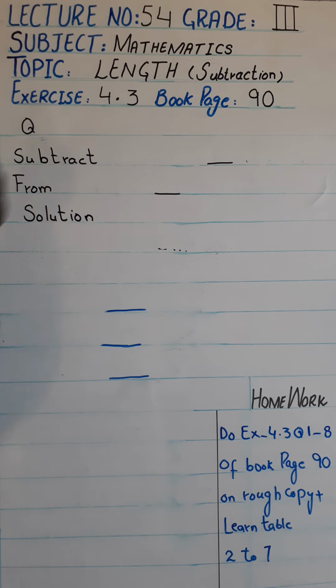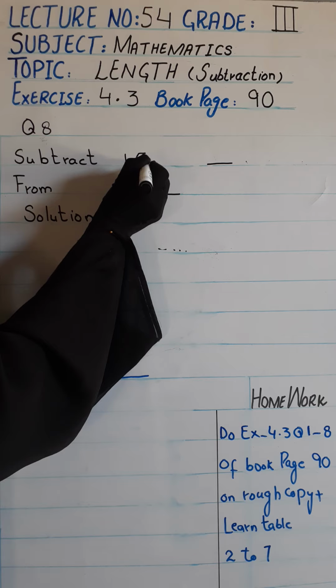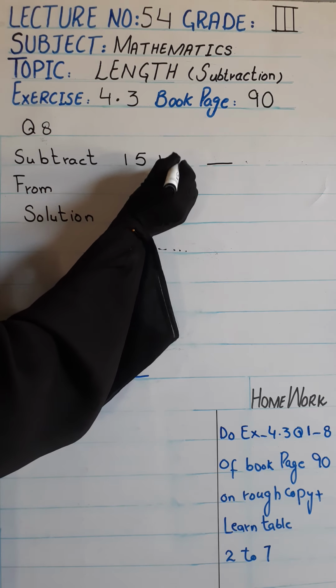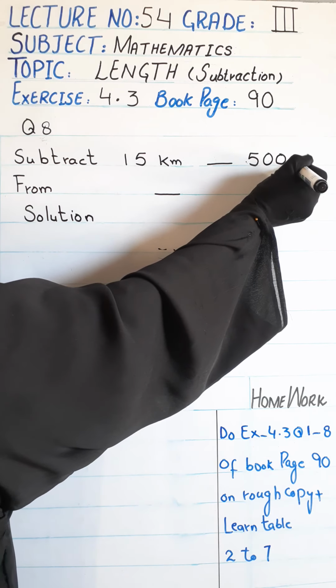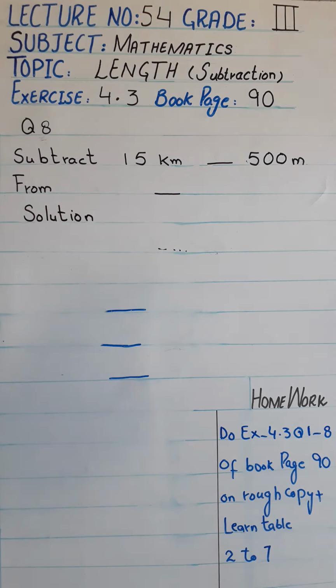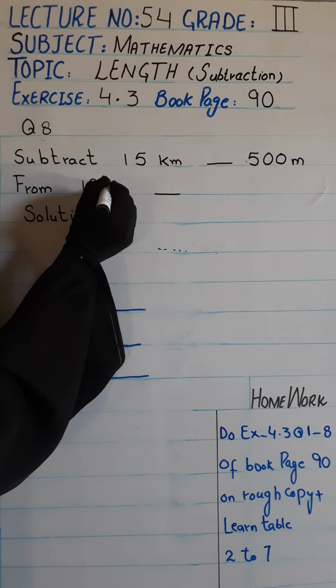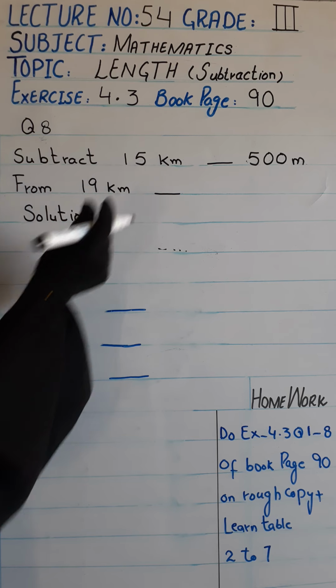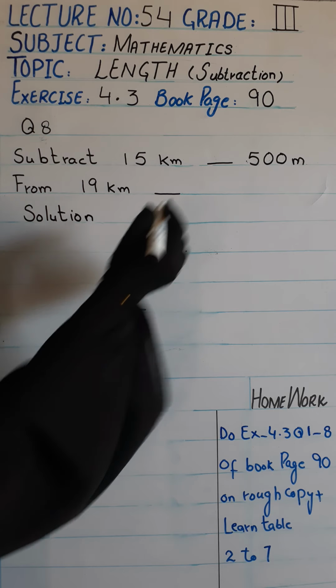Question number 8 is: subtract 15 kilometer 500 meter from 19 kilometer 900 meter. Sorry, 700 meter.